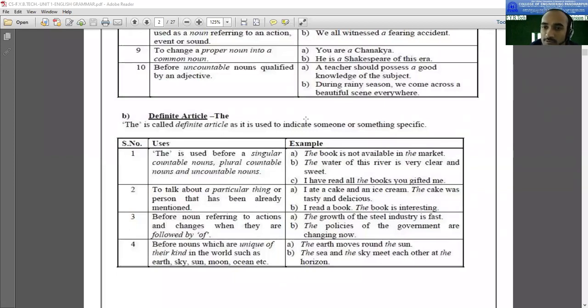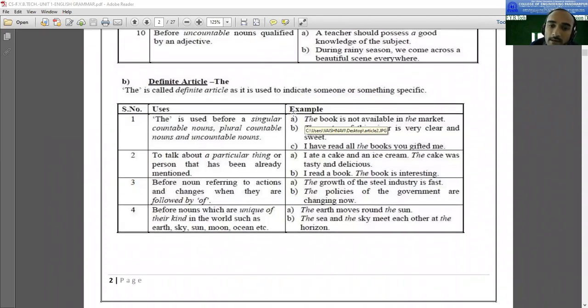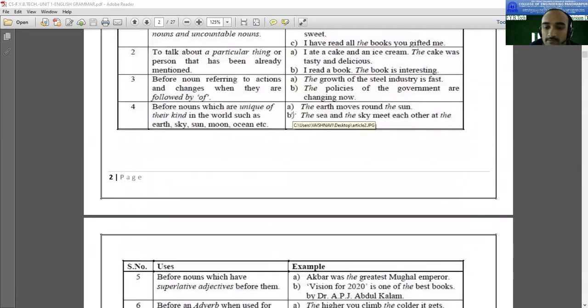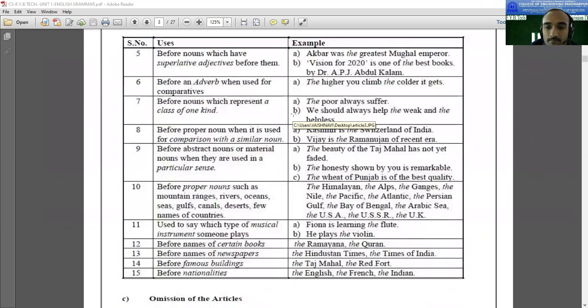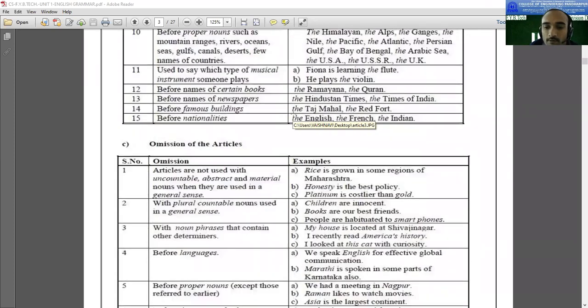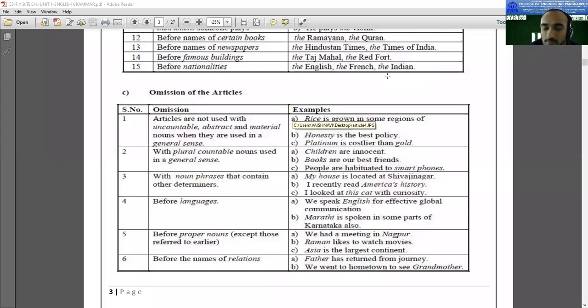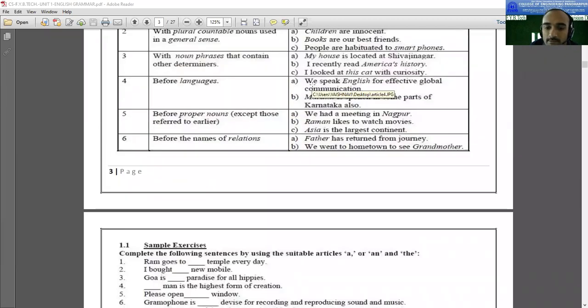If we are talking about general things, then we can use the articles a and an, but the is used before specific things. So these conditions we have studied. We have also discussed the omissions, when to omit the article, in the last lecture.